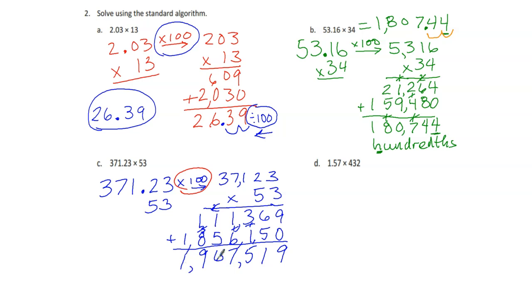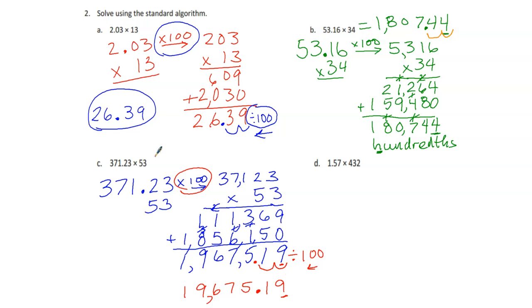So now when I take this number, 1,967,519, and divide it by 100, my decimal point is going to move 2 places over, or appear to move 2 places over, and my new number is going to be the same digits, but now my decimal is going to be between my 5 and my 1, leaving my 9, my last digit here, in my hundredths place.